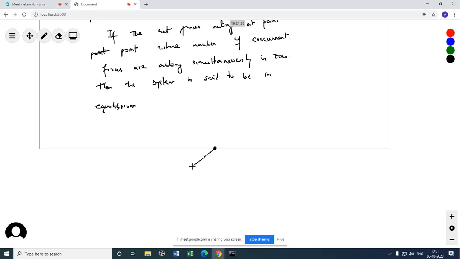You're pulling this point by a force F1, and this point is again being pulled by another force F2, and another force F3 is also pulling it from three sides, such that the resultant of F1 and F2 is F dash, which is equal and opposite to F3. Similarly, F2 and F3's resultant is F double dash, which is equal and opposite to F1.